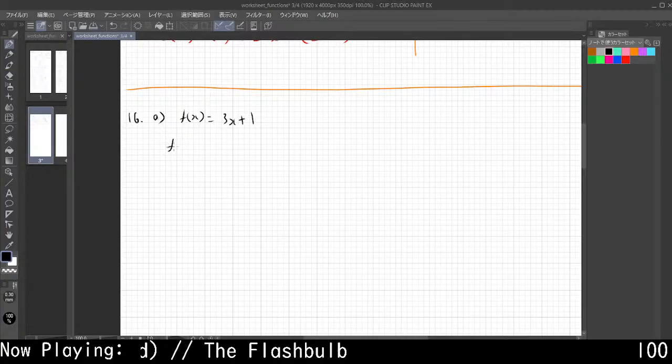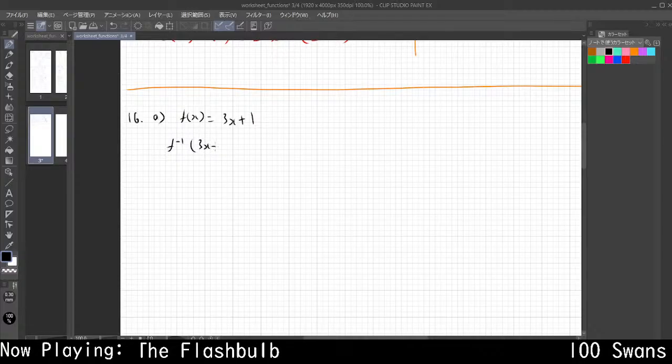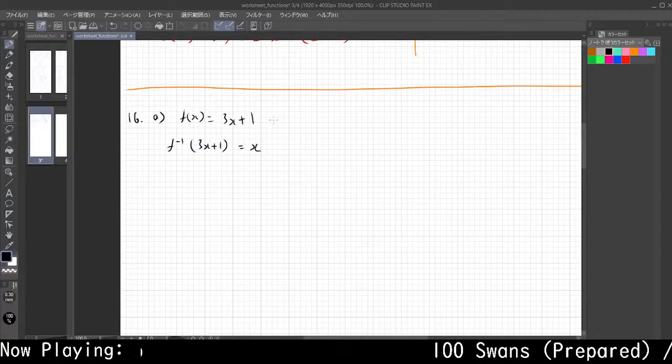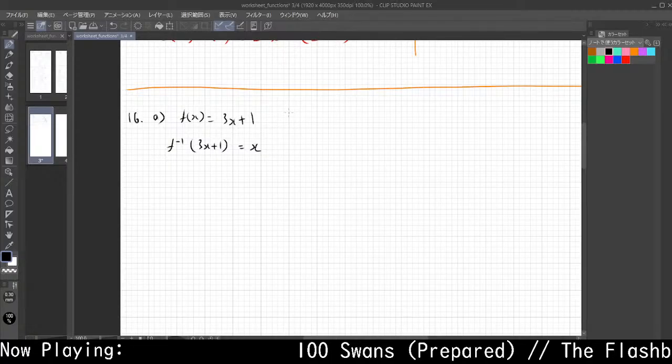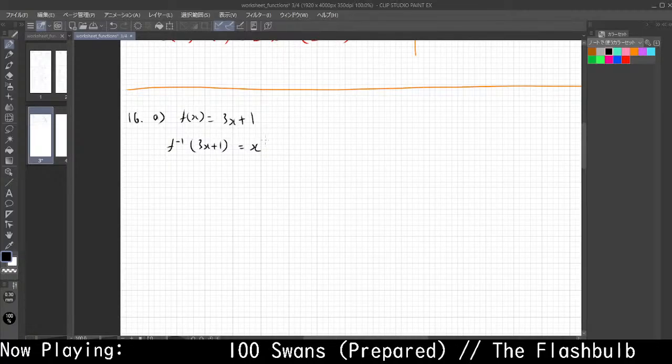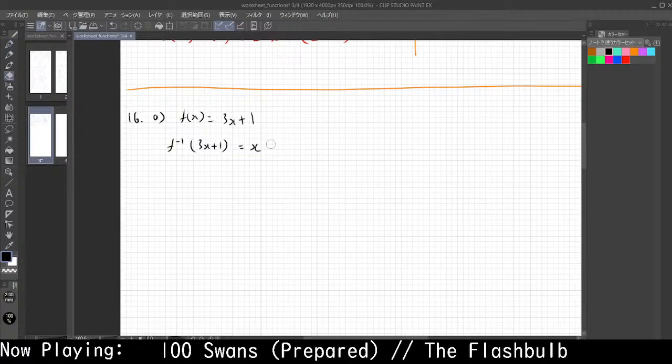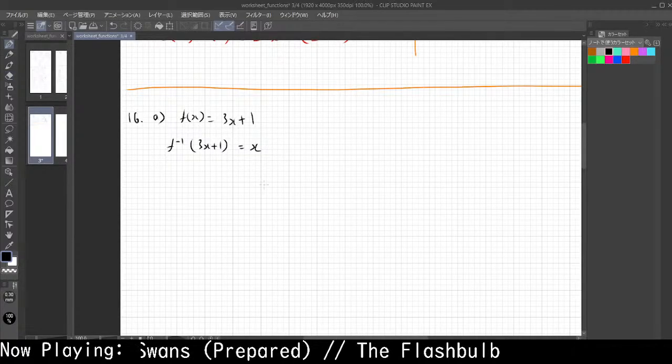Inverse means this: you want to find a function f inverse x such that you get back your x. This will be the function you want to look up.